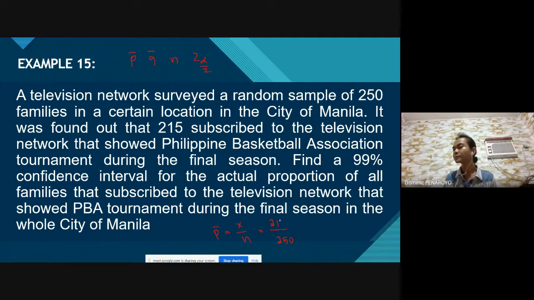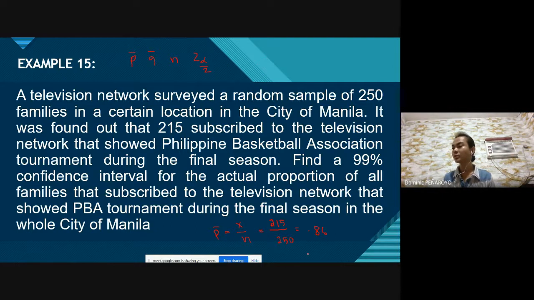So, that would be our X. 215 divided by 250, that's 0.86. So 0.86 yung ating P-bar.